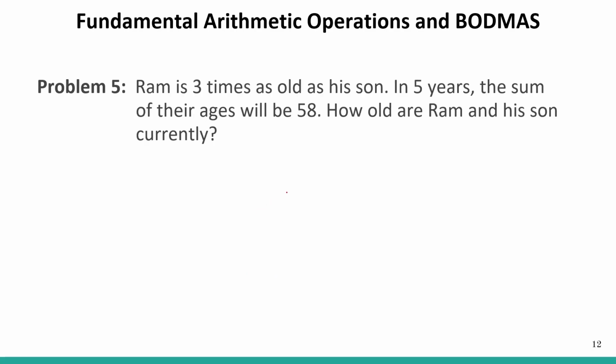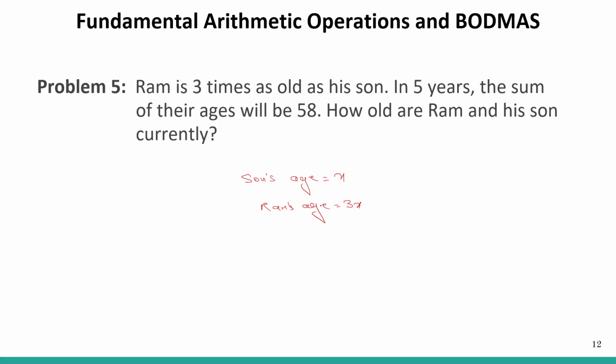So problem number 5. Ram is 3 times as old as his son. Let the son's age be x. So the son's age is equal to x, and Ram's age is equal to 3x, as he is 3 times as old as his son.